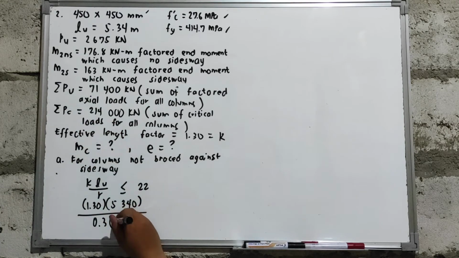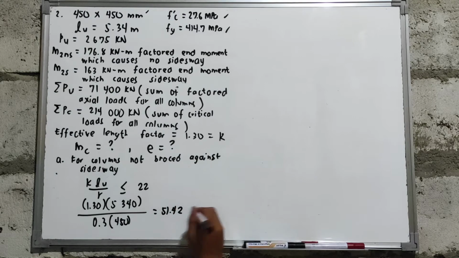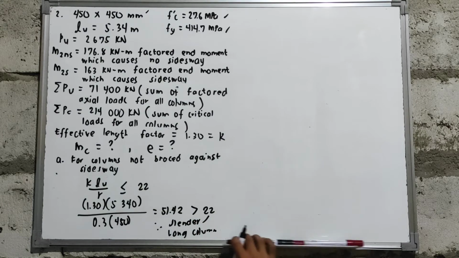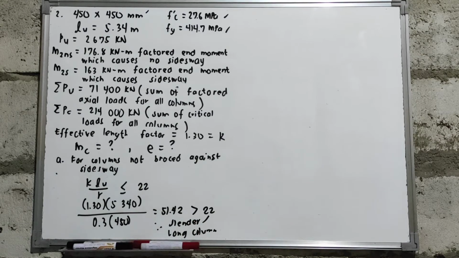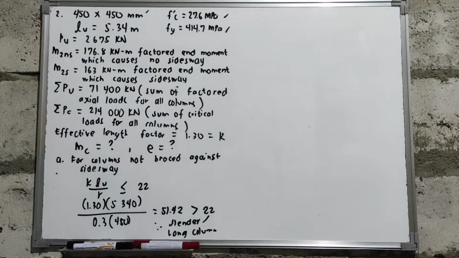So yung h natin dito, that is 450. So we have a value of 51.42, which is greater than 22. Therefore, slender or long column.